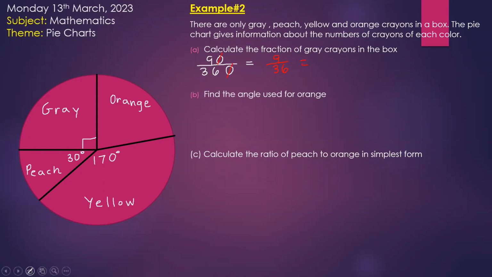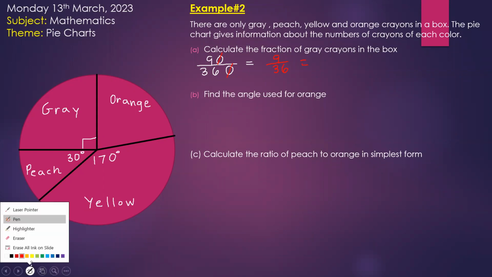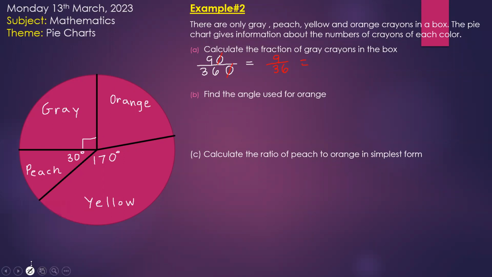It's going to be equal to... we divide top and bottom by 9. Mr. Petit, I have a question. Is this first one always going to be the same thing? Because of the angle?